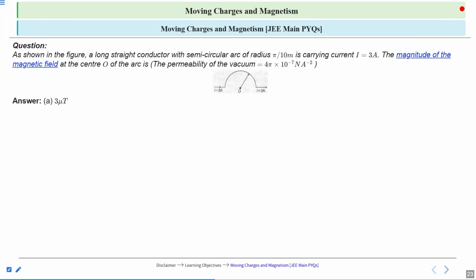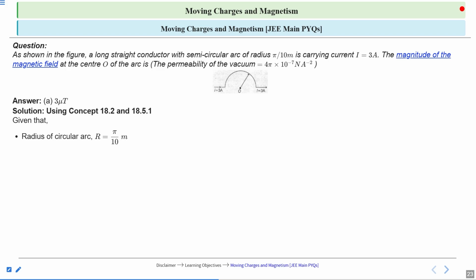So the correct option is A, 3 microtesla, using concepts 18.2 and 18.5.1. Initially, when you are solving a problem, you have to list all the things that are given in the question. It will help you analyze or visualize which formula is applicable.